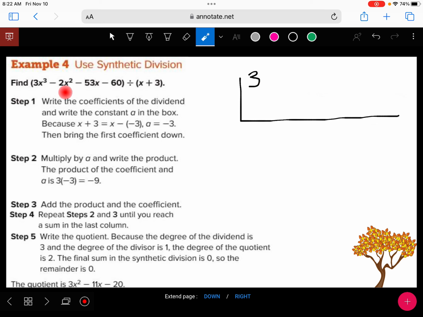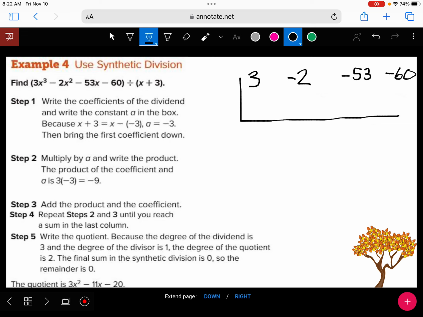Then I'm going to take my coefficient for the next term down, which is negative 2x squared, so I'm going to put a minus 2. Then we come to our next term, which is negative 53x, so I'm going to put minus 53. And our last term is minus 60. I'm on the wall, but I got it in.